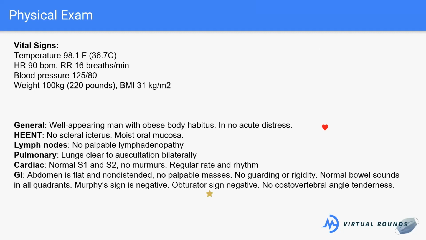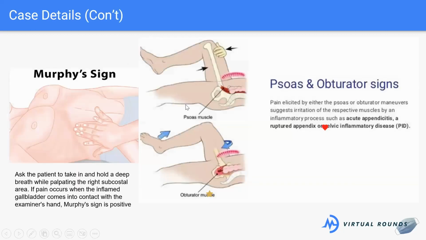Does anybody know what Murphy's sign and obturator sign are? These are both signs to check for appendicitis. Now, I know this patient had an appendectomy when he was younger, which means he had his appendix removed, so he probably doesn't have appendicitis.